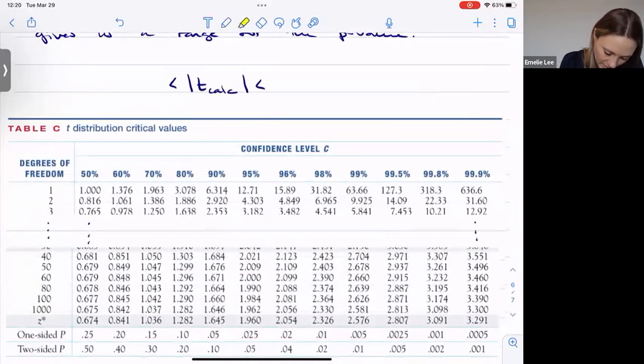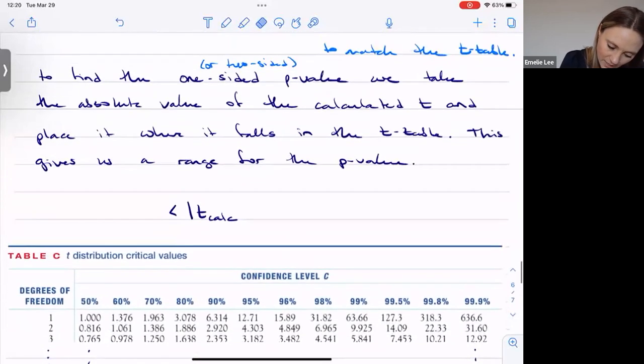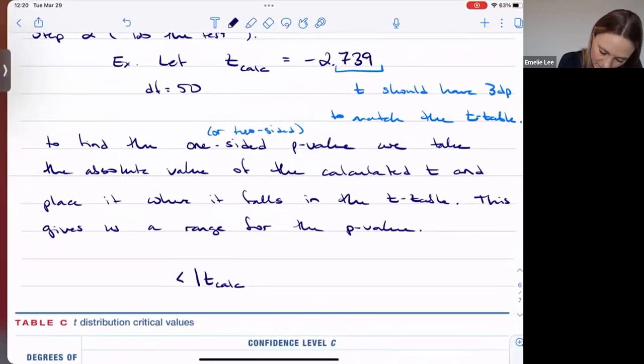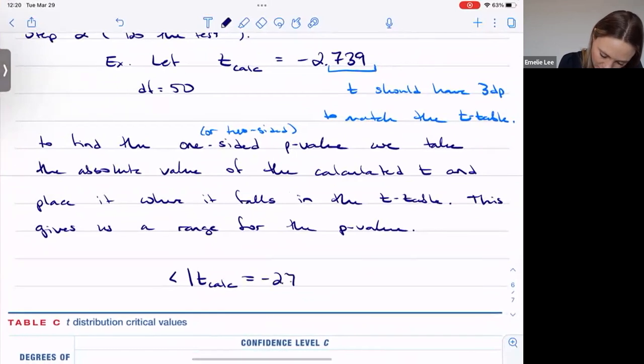I've decided I have 50 degrees of freedom. My t calculated was negative 2.739. The absolute value of that is, of course, 2.739.